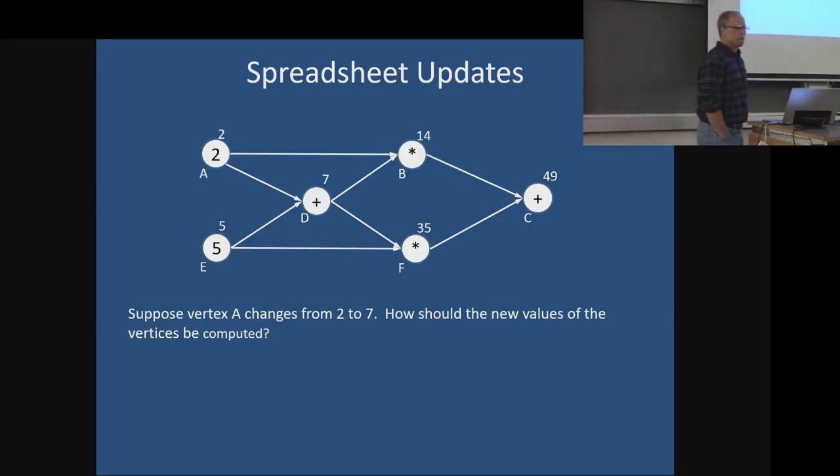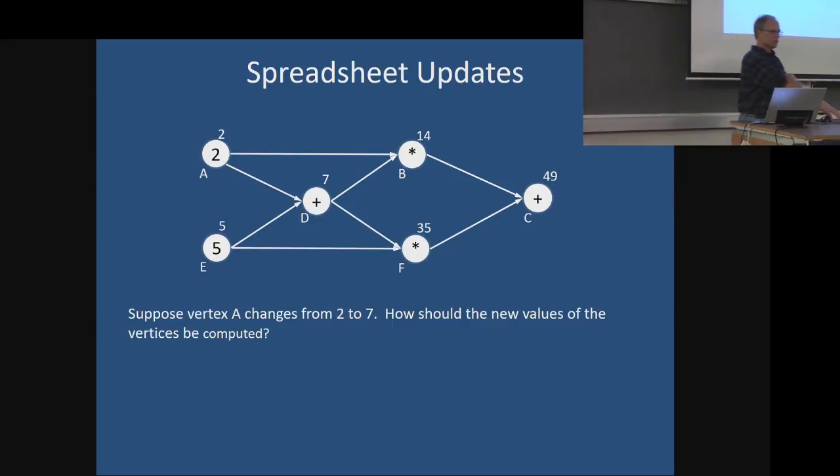And so there's the update problem on a spreadsheet, which is, suppose you put something new in a cell. Suppose you store 7 in A. You've got to update the display. You've got to recalculate the display value of some of the vertices. How do you do that efficiently? And it's a DAG problem.